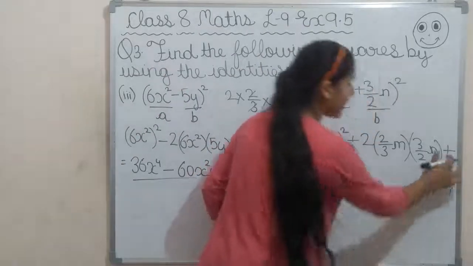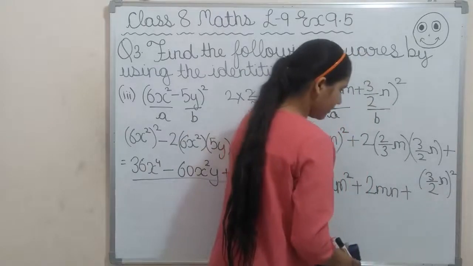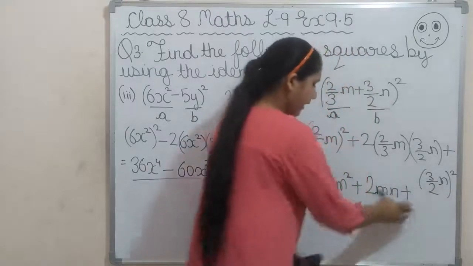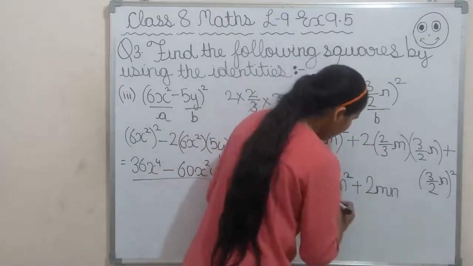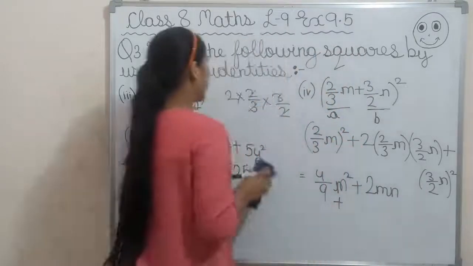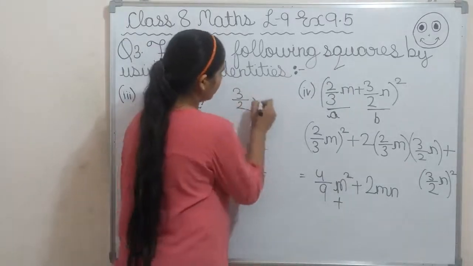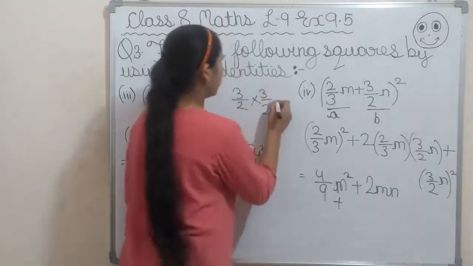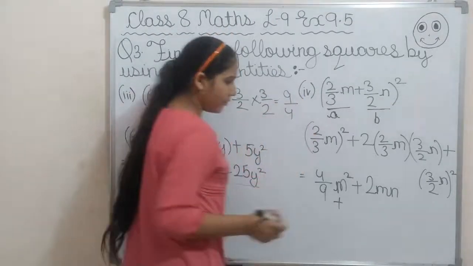Then as it is plus sign, plus 3 by 2 n square, 3 by 2 into 3 by 2 is 3 threes are 9, 2 twos are 4, means 9 by 4.